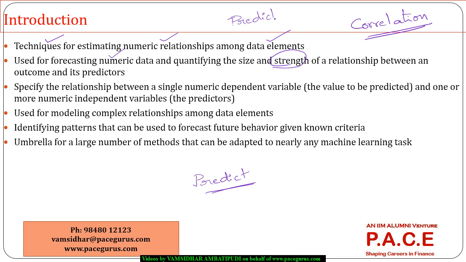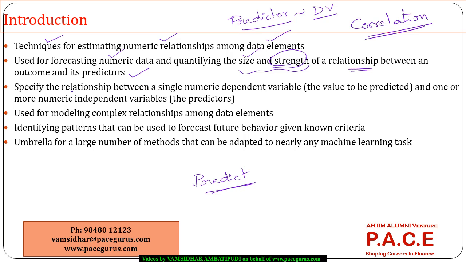How strongly is a particular predictor linked with the dependent variable? What is the size of the relationship between the predictor and the dependent variable? So regression identifies not just for predicting, but also the size and strength of the relationship between the dependent variable and the various predictor variables.